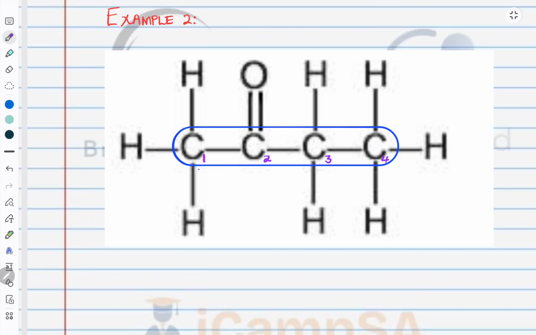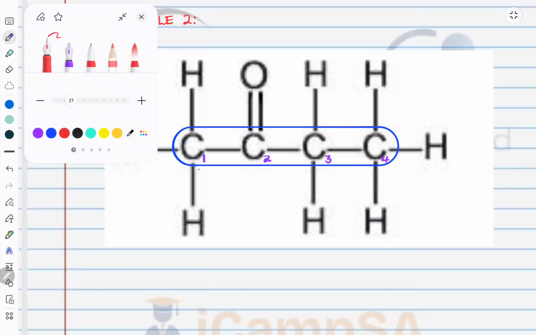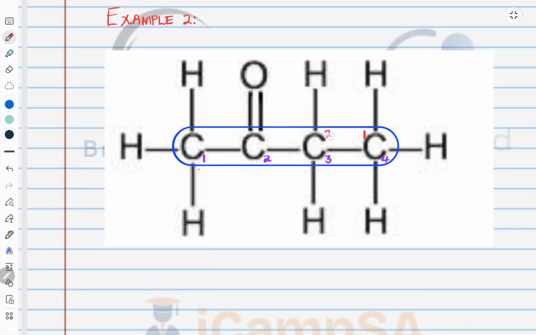So in this case, our functional group, or that carbon-oxygen double bond, is located on our second carbon atom along the main chain. So what happens if we number from right to left? We will have 1, 2, 3, and then 4. So if we number from right to left, the carbonyl group is instead located on carbon atom number 3.